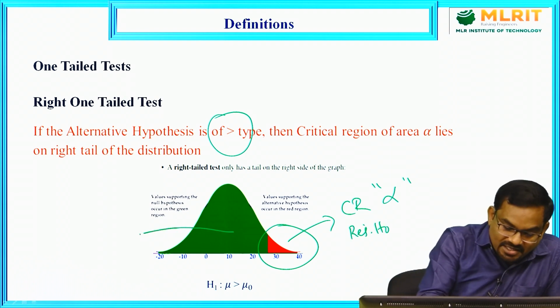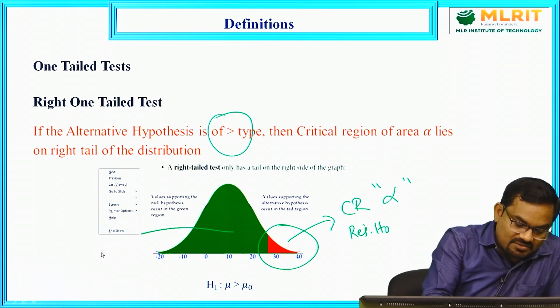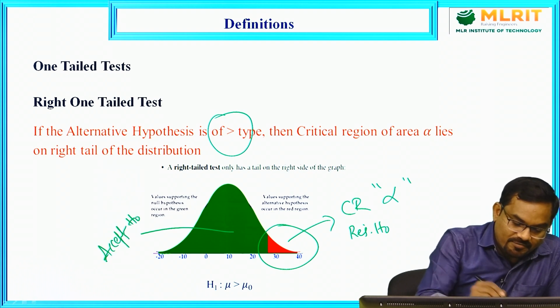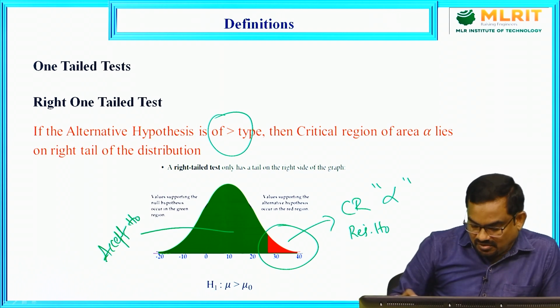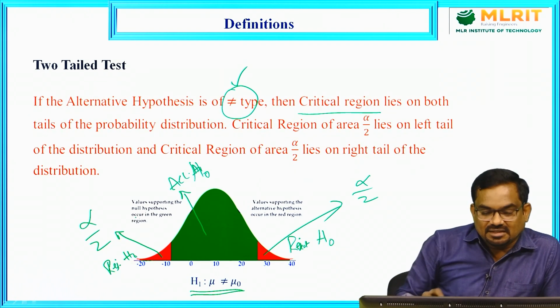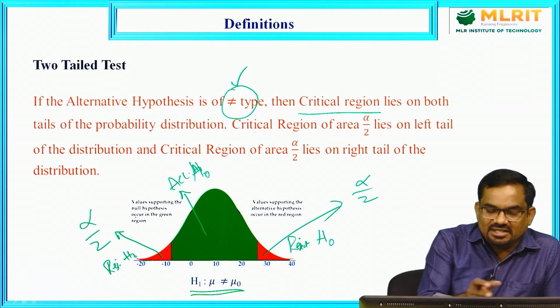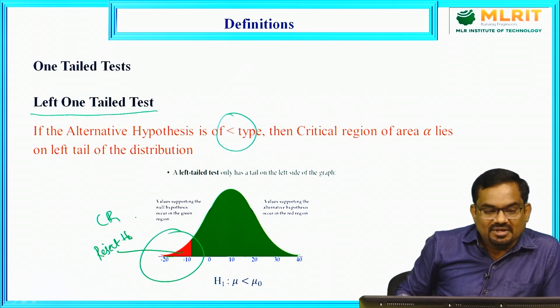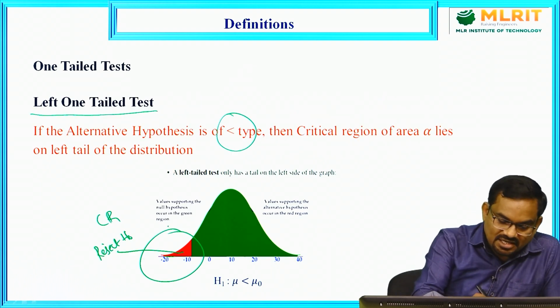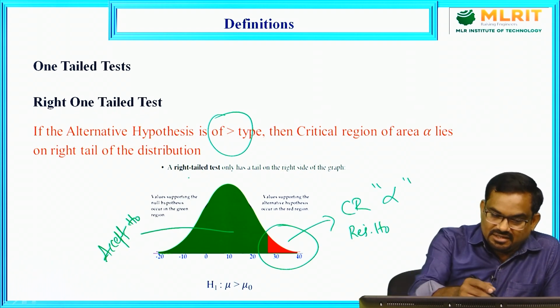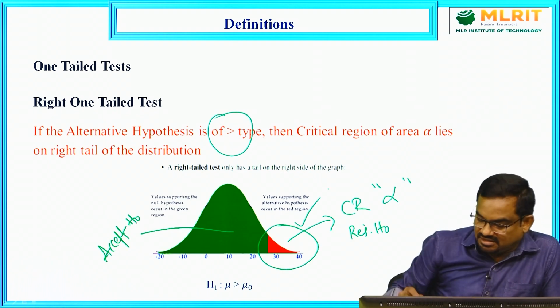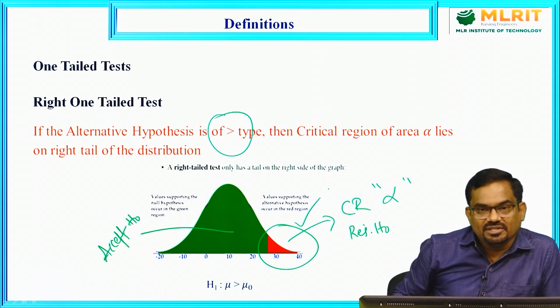Whereas in the remaining green region, we can accept H naught. So, in the two-tail test, the critical region lies on both side tails of the distribution. In the left one-tail test, the critical region lies on the left side, and in the right one-tail test, the critical region lies on the right side tail of the distribution.